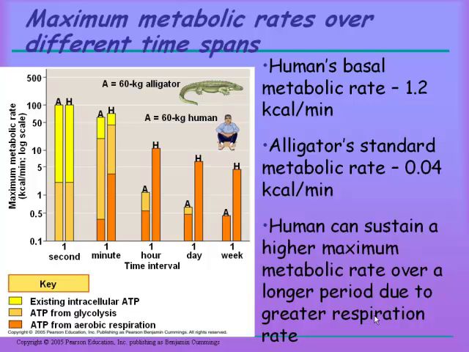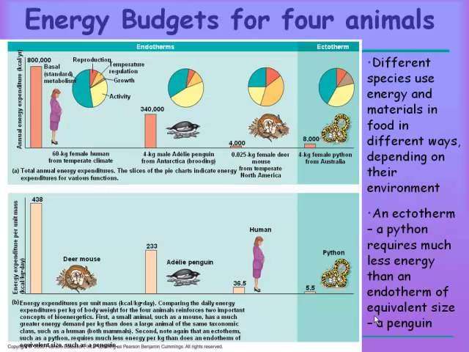And you can see the alligator hangs onto that longer. And then ATP from aerobic respiration. And here the endotherms win that hands down, with a greater respiration rate. Now this is illustrating the energy budget for 4 animals.